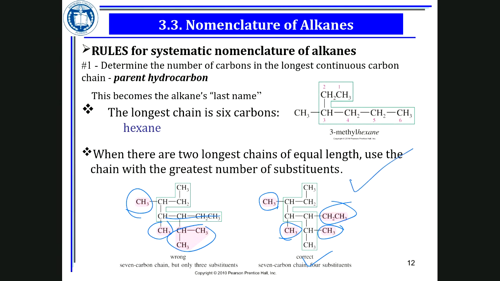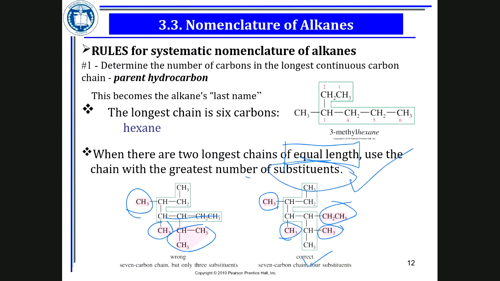So when possible, with carbon chains of equal length, because the number of carbons in the main carbon chain takes priority, if you have equal length, you would use the chain with the greatest number of branches.